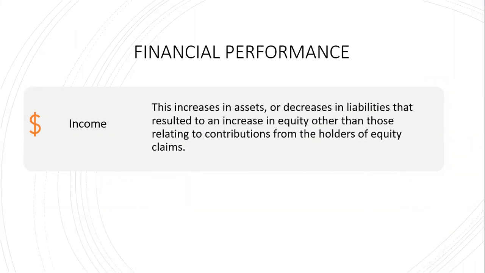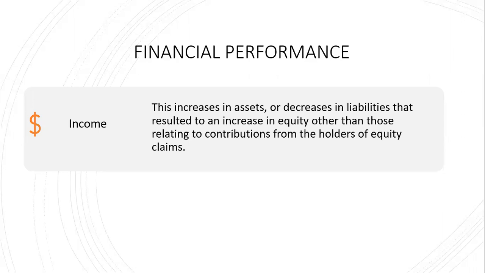And then the next one is the income statement, or the statement of financial performance, which is composed of income, the first one. Income increases assets or decreases liabilities that result in an increase in equity, other than those related to contributions from the holders of equity claims. This definition is actually a discussion for the dual system of accounting.